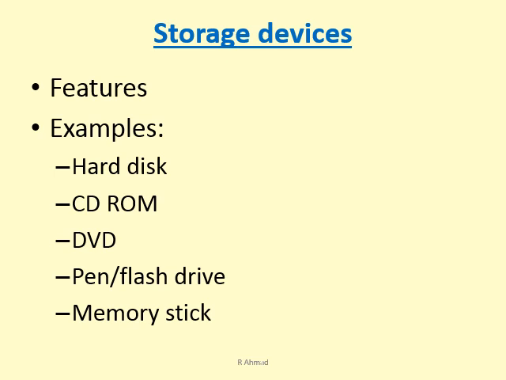Hard disks come in two forms, either as internal hard disk or external hard disk. The best feature of a hard disk is that it can store a very huge volume of data. Nowadays we are getting hard disks in TBs or terabytes. Then CD-ROMs, DVD, digital video disc.